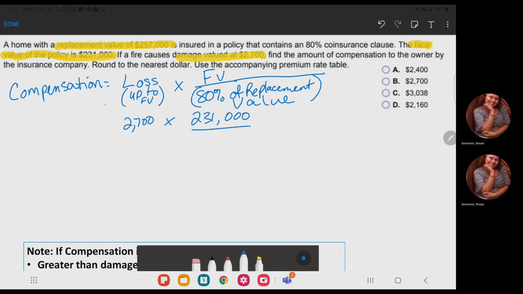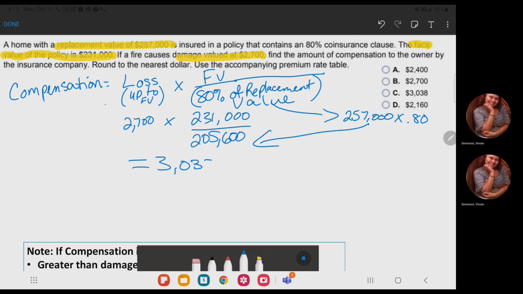And then I need to divide by 80% of the replacement value, which is 257,000. 80% of it is times 0.8 or 0.80, either one. Once I do that, I'm given 205,600. So now when this is all done out, you get 3,033 with 56 cents.